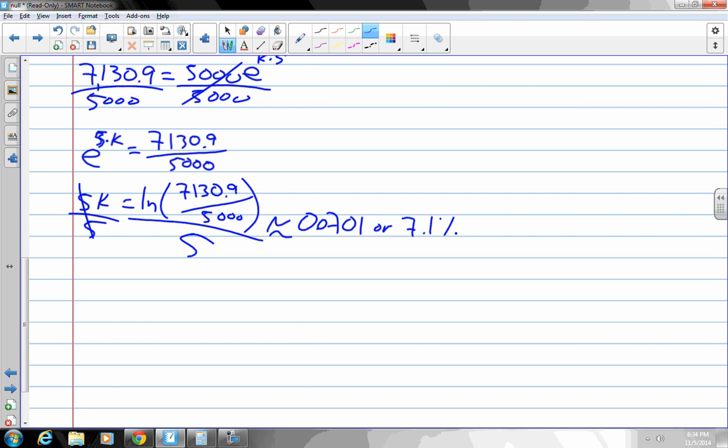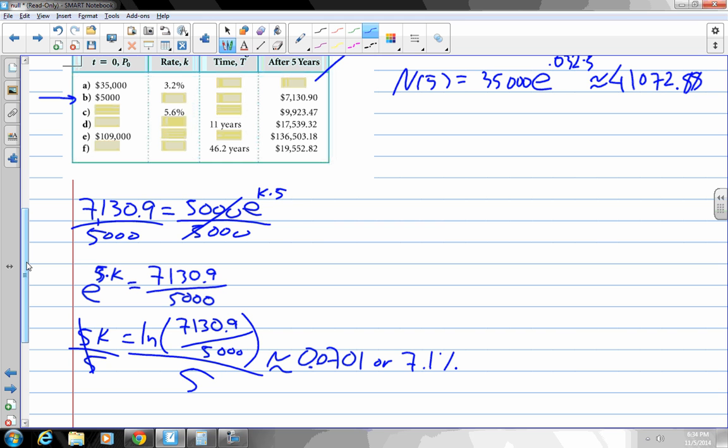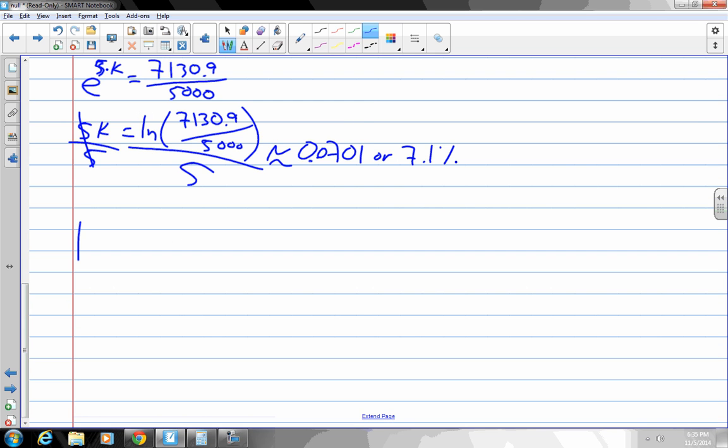But when I know the rate, I can find the doubling time. Just go natural log of 2 divided by whatever the answer we just got. Are we okay how we got this answer? So which one am I doing? That one. So 7.1. And for the doubling time, it's just natural log of 2 over 0.0701.